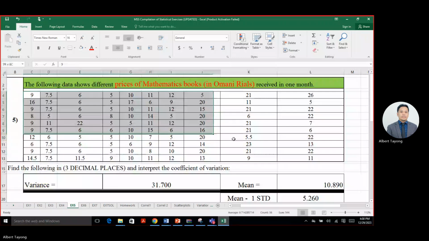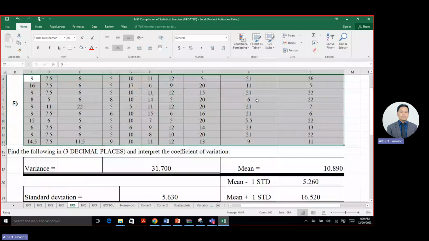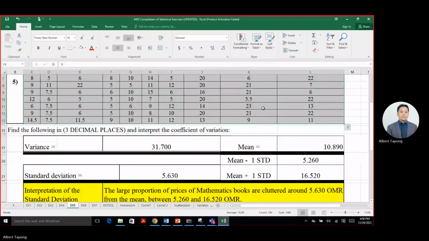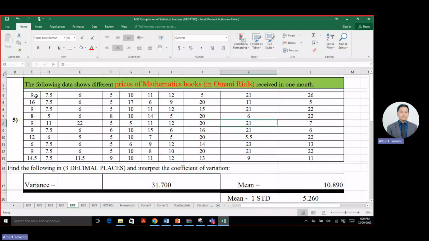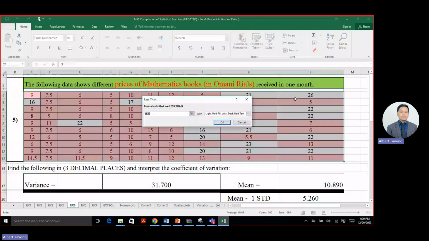Now, conditional formatting can be used to highlight anything. If you want to know the values lower than the mean, our mean is 10.89, you can select all of this, conditional highlight less than 10.89.